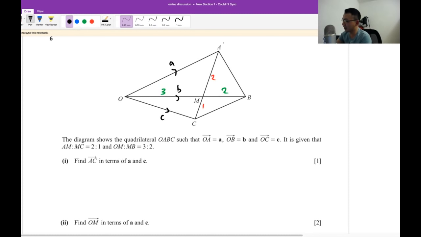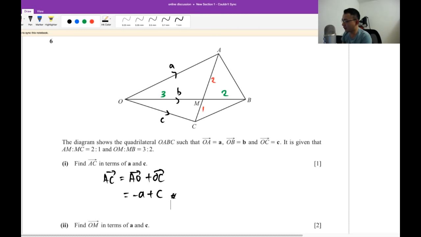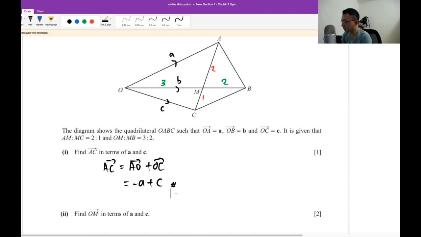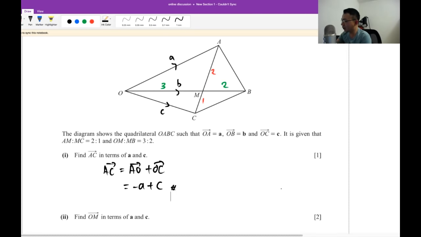Okay, in order to find AC, this is just very easy. AC will equal AO plus OC. AO is negative A, OC is C. 1 mark only. And then you want to find OM. In order to find OM, OM will equal OA plus AM.